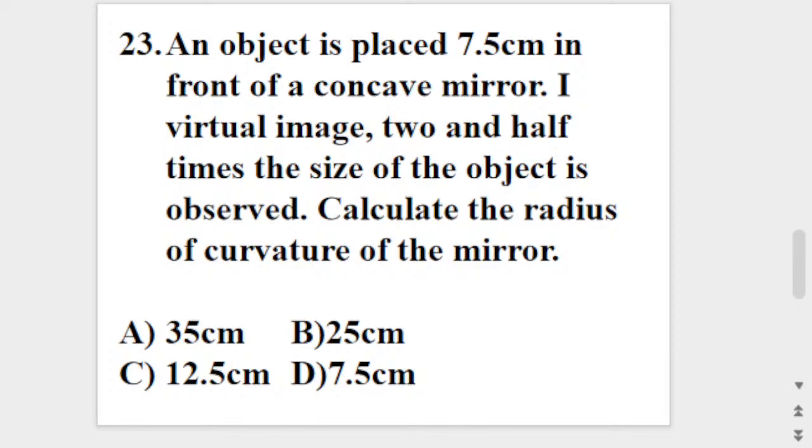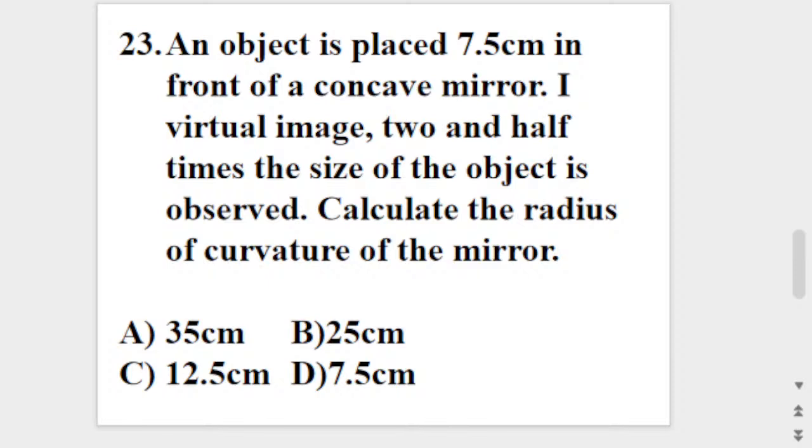A convex mirror always has a negative focal length. Just like a virtual image always has a negative image distance, V, while a real image always has a positive image distance, V.